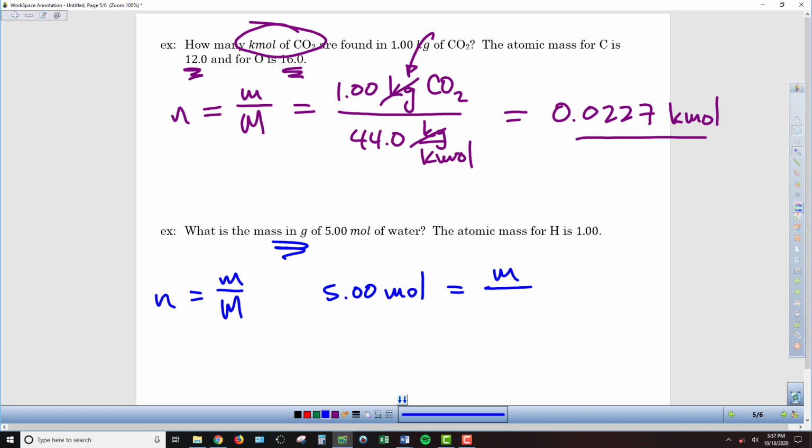So in the case of water, H2O, that means we have 2 atoms of hydrogen at 1.00 grams per mole, plus our oxygen from up above at 16, so we've got 18 grams per mole of water. And so now to solve for m, we can just multiply both sides by 18 grams per mole. Hopefully we can see that those moles units are going to cancel each other out. And so we just end up with 90 grams of water in this case.